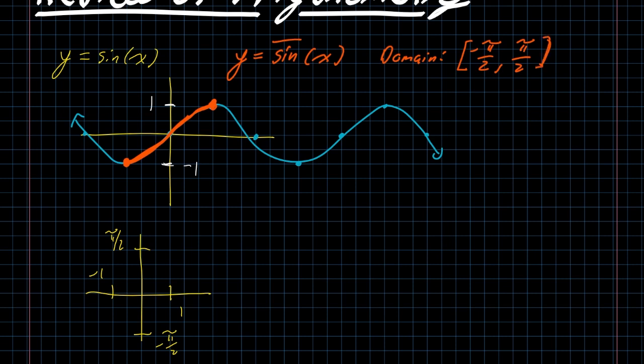So the domain was from -pi/2 to pi/2. I said the range and just realized I never wrote it down. The range was from -1 to 1. So if I want to construct the inverse here, I'm just going to take those points and kind of flip them on their side. And I get this function.